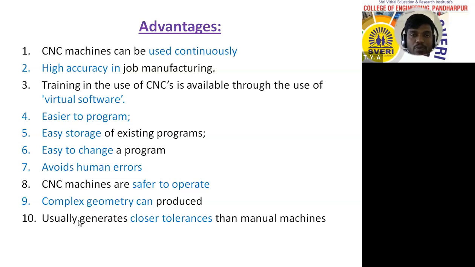Easier to program. So making the program, giving the input as a program, that part is easy in the CNC techniques. Easy storage of existing programs. Whatever you have received as input in the various programs, you can store easily on that CNC system because we are using one of the supercomputers for that specific purpose.